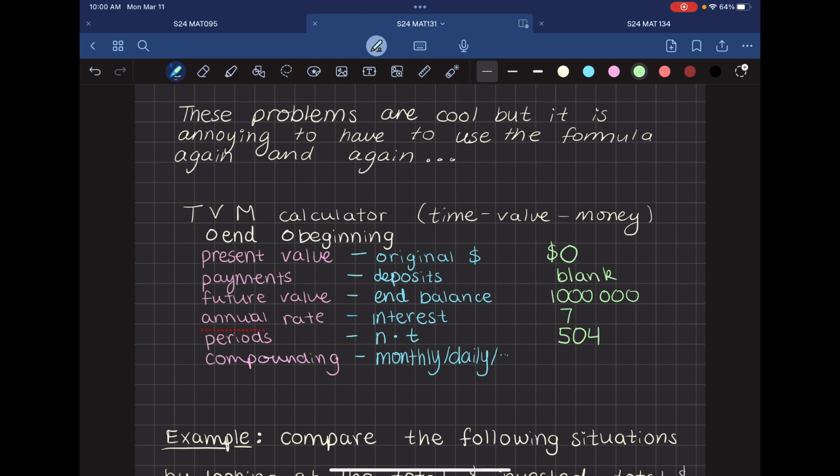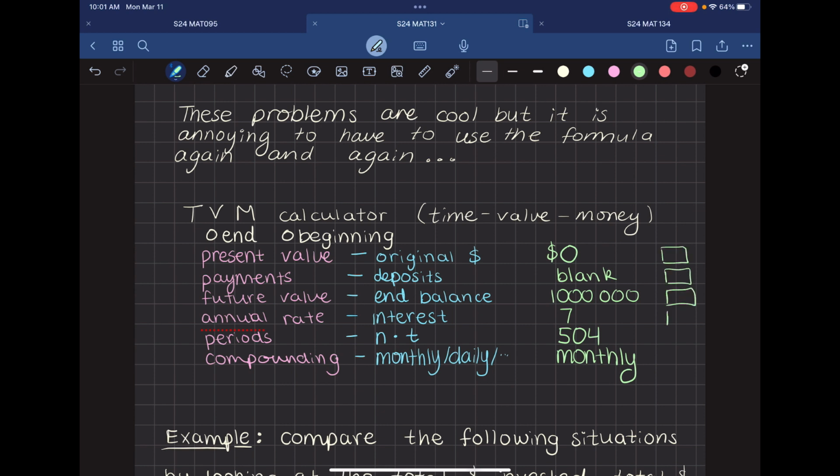Basically 504 months went past, and we were compounding monthly. And you'll see a little drop down for compounding where you can select monthly, daily, yearly, quarterly, semi-annually, stuff like that. And you would select monthly. And then for each of these, there's a little button.